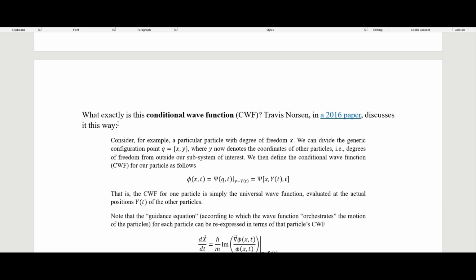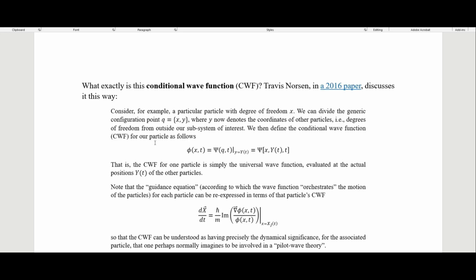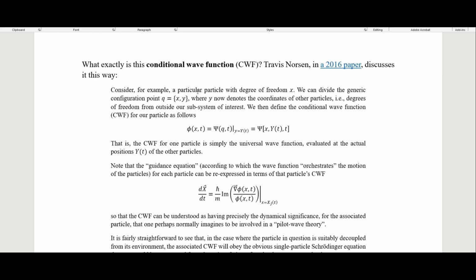All right, so what exactly is this conditional wave function that can undergo this collapse here? Travis Norsen says in this 2016 paper, consider, for example, a particular particle with degree of freedom x. We can divide the generic configuration space, so x and y here, where y now denotes the coordinates of other particles, so degrees of freedom from outside our subsystem of interest.